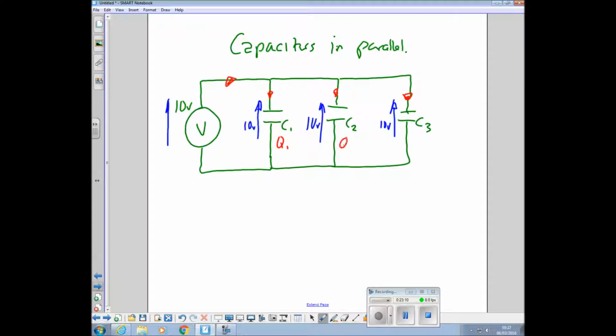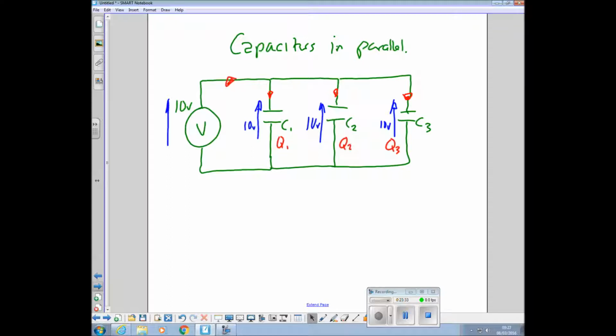And we get a charge Q1, Q2 and Q3 associated with all those three capacitors. They'd be all the same value, right or wrong? Depending on what's in each capacitor, depending on the capacitance.